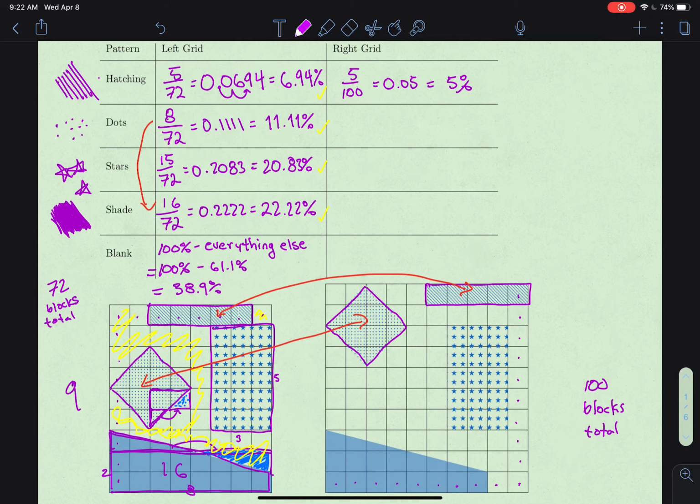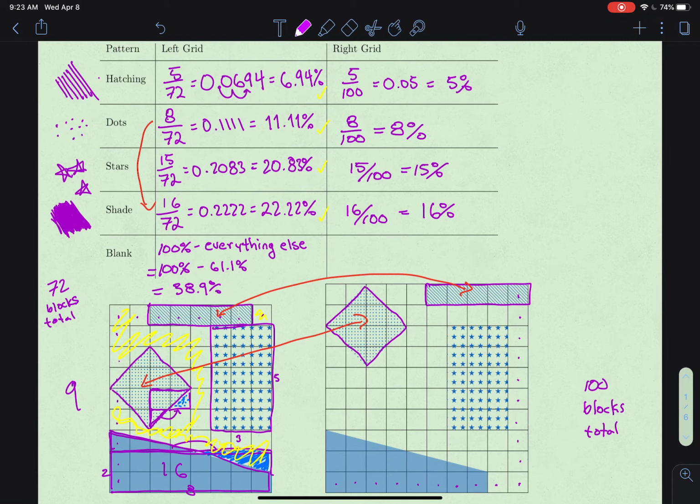It's just because we have 100 in total, the number of little blocks is also the percent. So likewise, 8 out of 100 is the fraction of the whole that is covered by dots, and that's equal to 8%. 15 out of 100 is 15%. And 16 out of 100 is 16%.